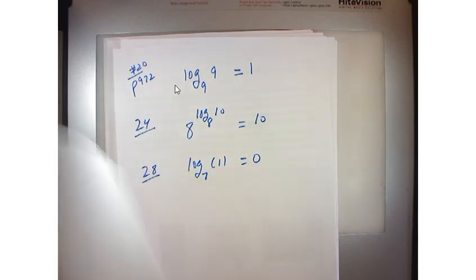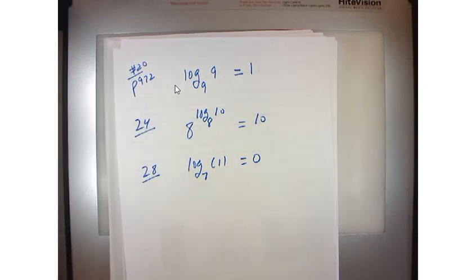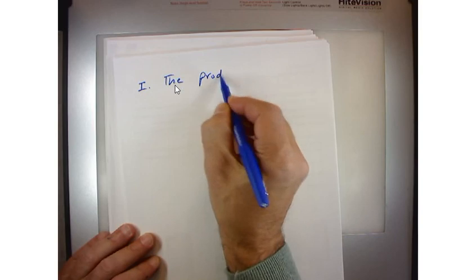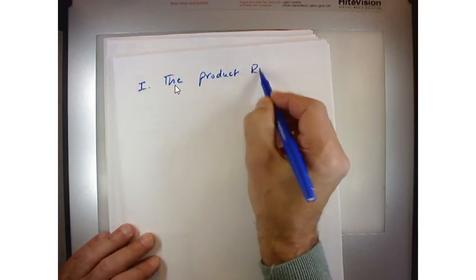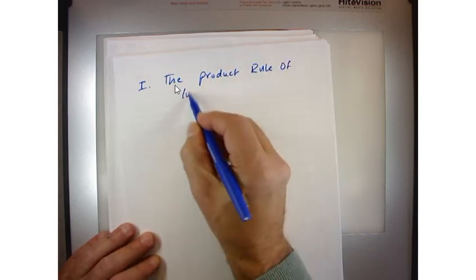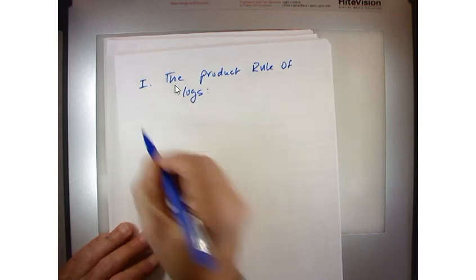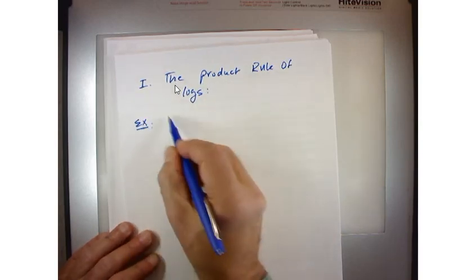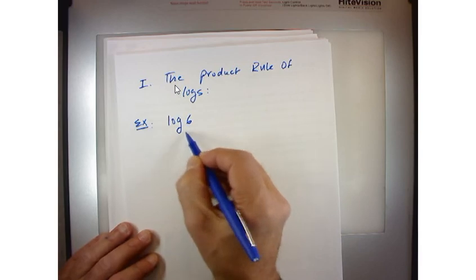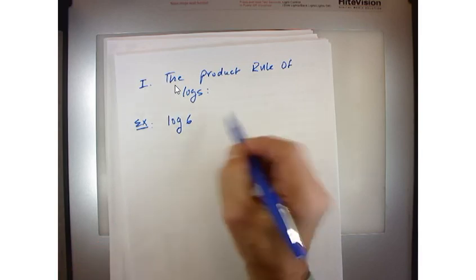So now the new rules of logs that we haven't seen before. The first one is called the product rule of logs. So let's start with an example. If I have log of 6, I'm using base 10 so we can check it on the calculator.